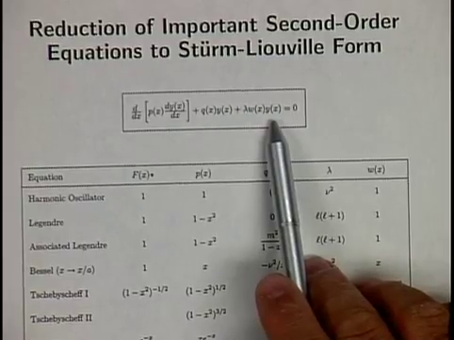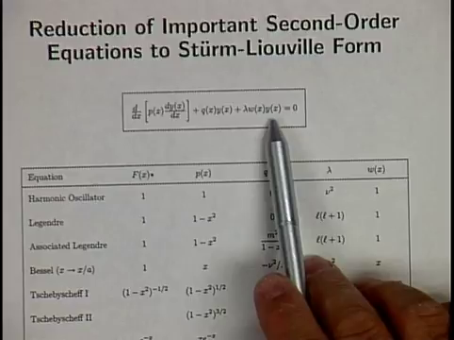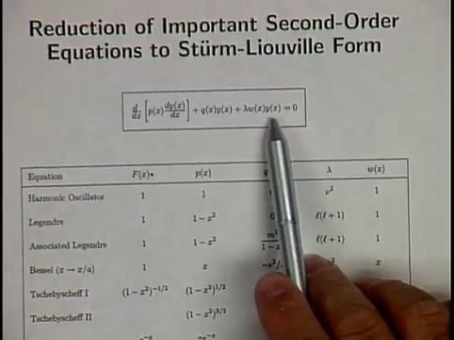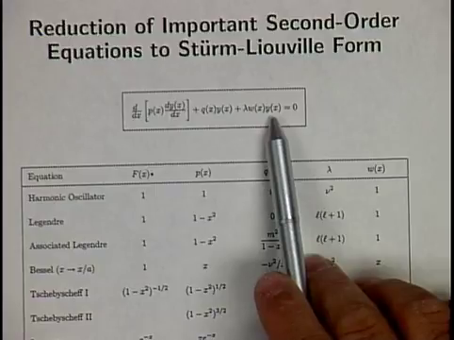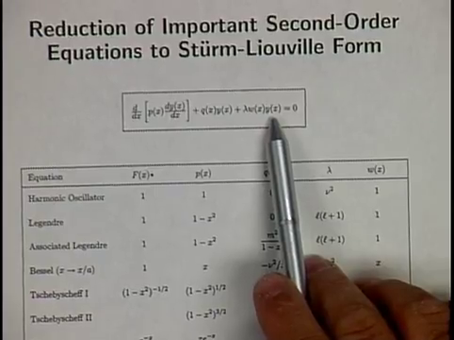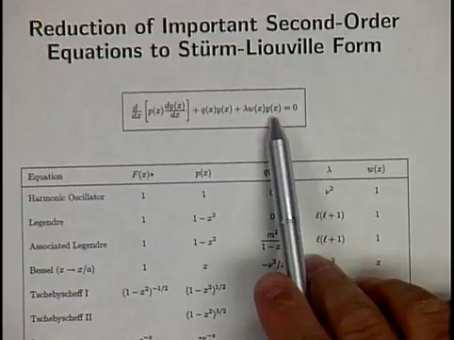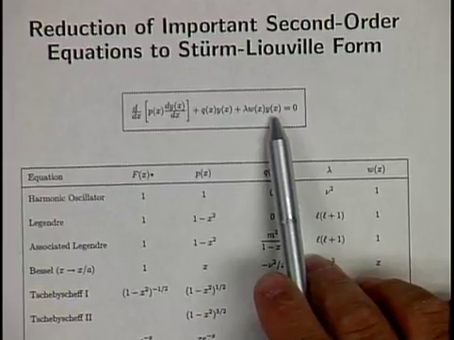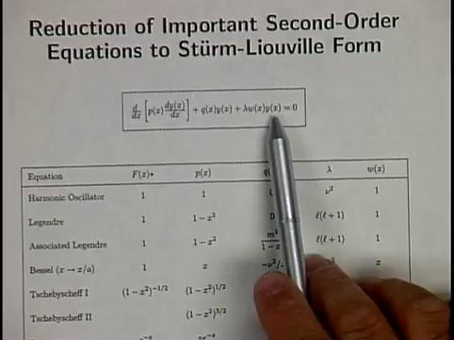So we will look at the properties of this operator. If this operator is self-adjoint, what was the property of a self-adjoint operator? Real eigenvalues, the eigenfunctions are orthogonal, and the eigenfunctions form a complete set.